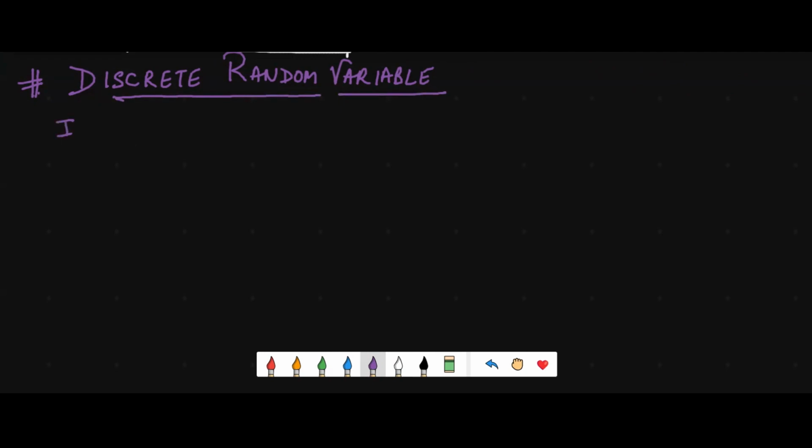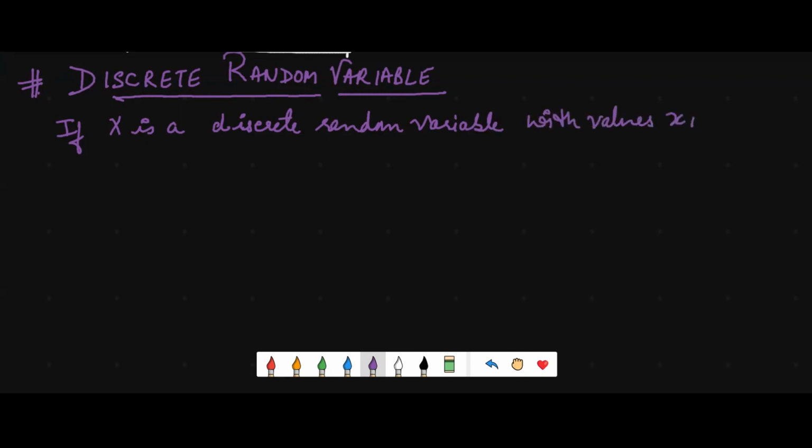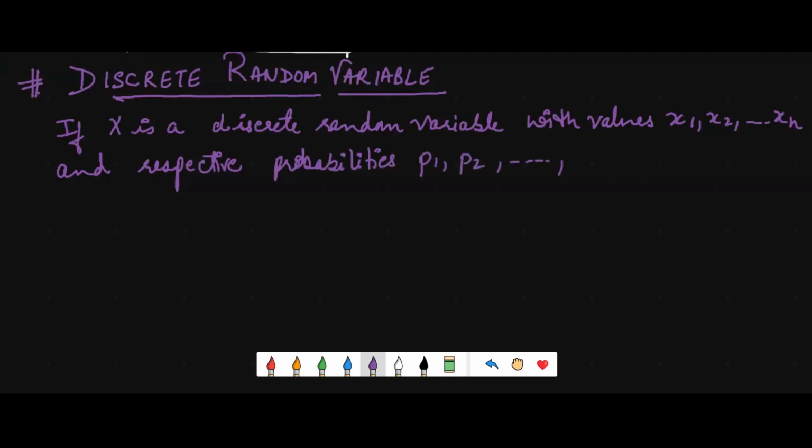So if X is a discrete random variable with finite values, I'll take the values as x1, x2 up till xn, and the respective probabilities p1, p2 up till pn.